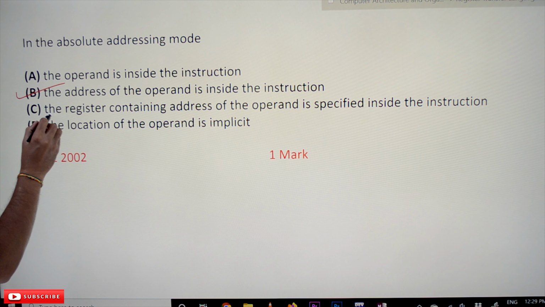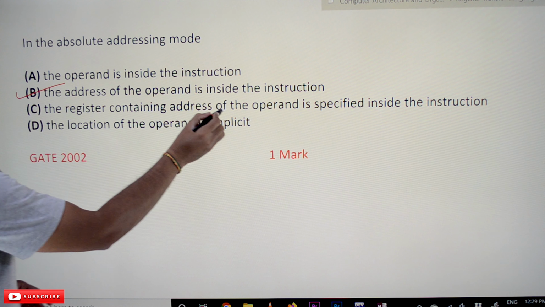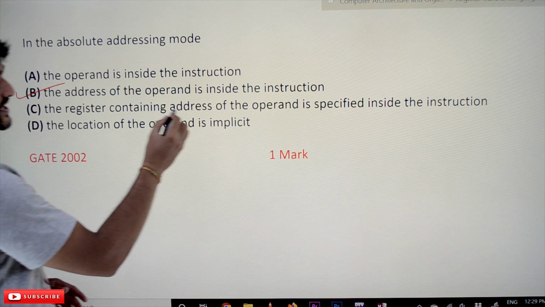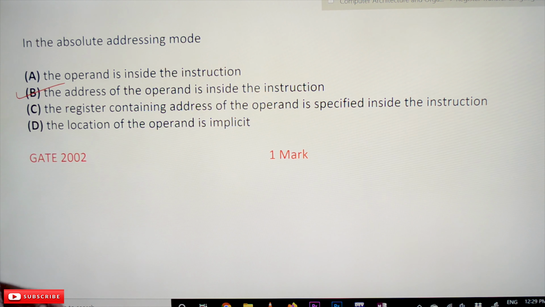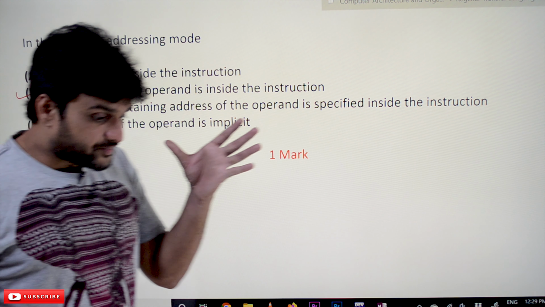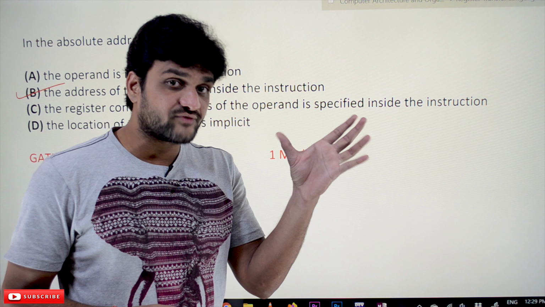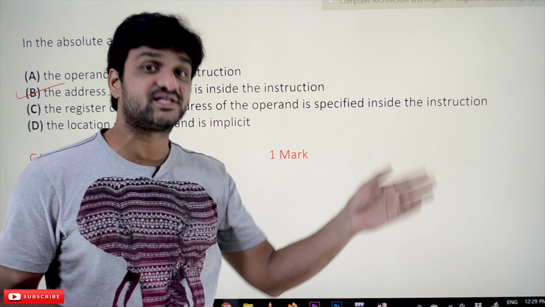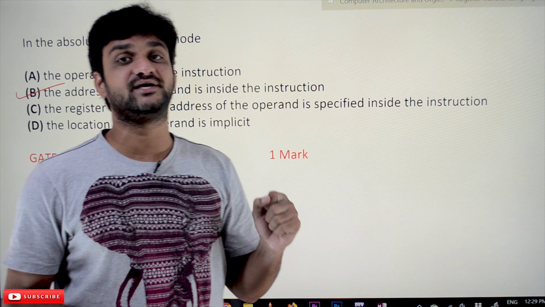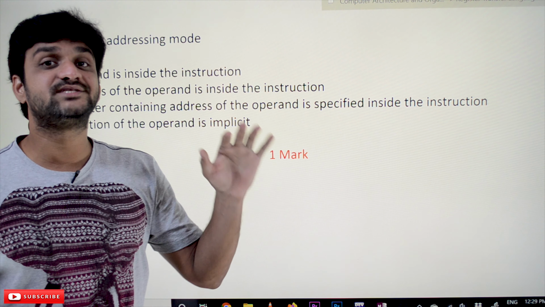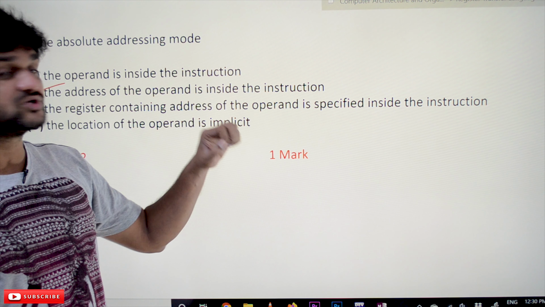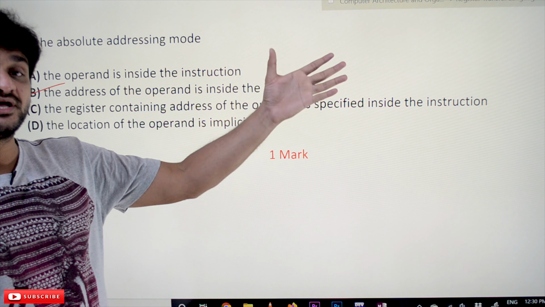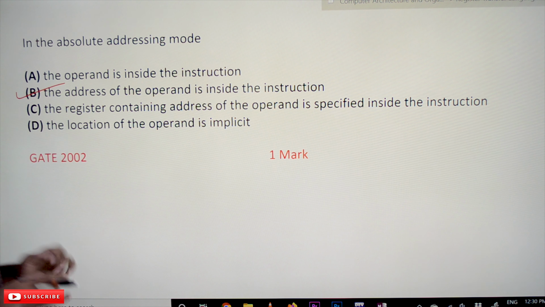The next one is the register containing the address of the operand specified inside the instruction. If the address part consists of the address of the register where the address of the operand is present, then we call it register addressing mode. All these addressing modes have been covered in our basic computer organization section.